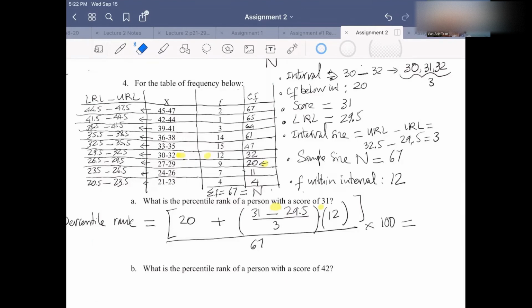So the answer would be, after you multiply it by 100, 38.80, okay? And you can say that it's the same as the percent. And if you convert it to the nearest whole number, then it would be 39.